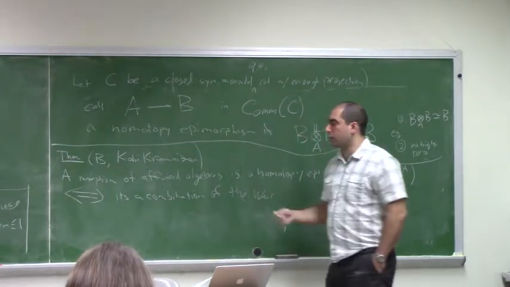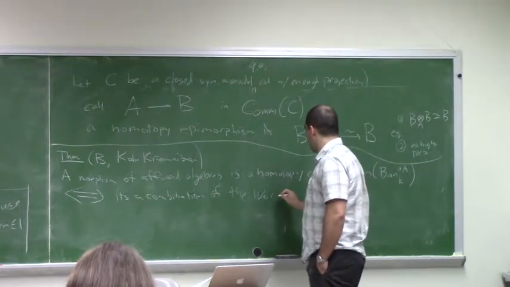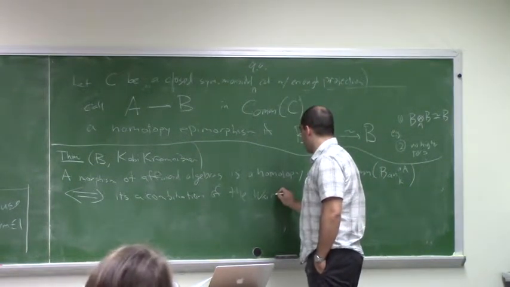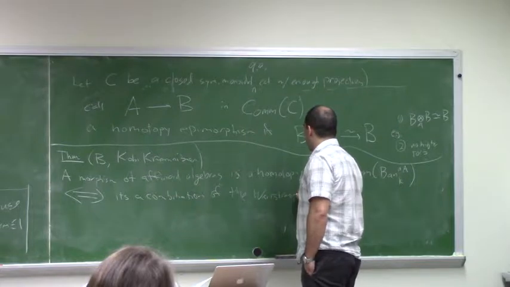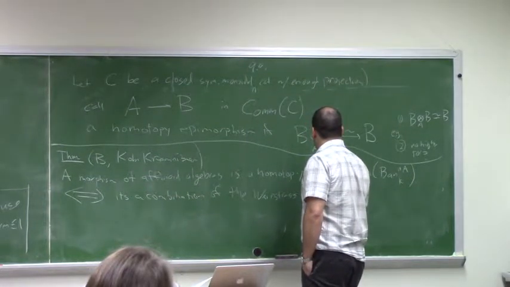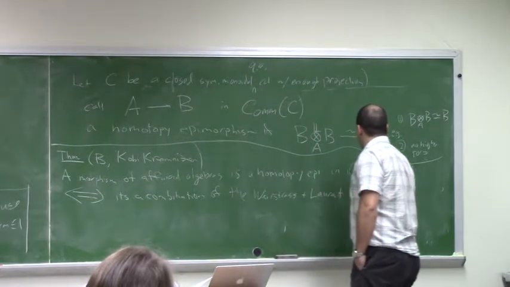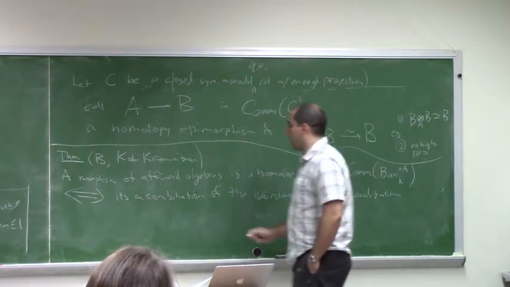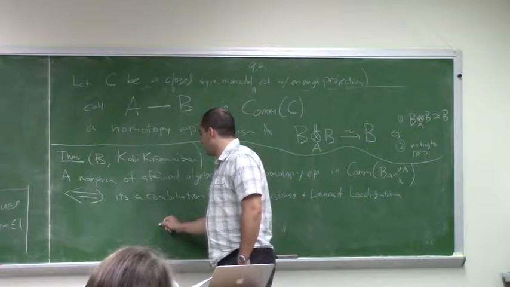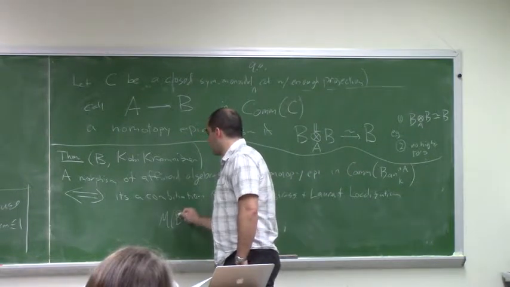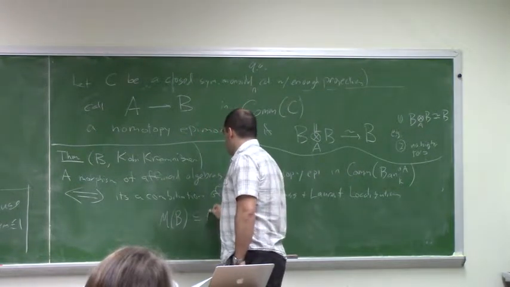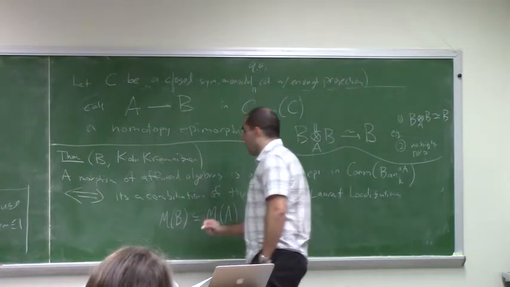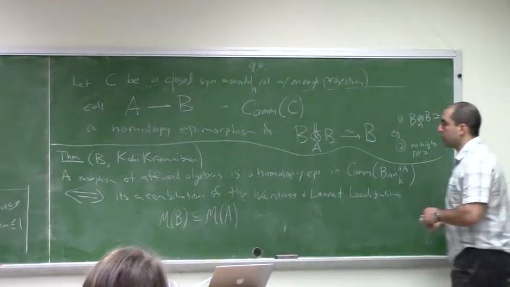I mean, you can iterate them and do whatever you want, any kind of combination. So another way to think of this is that on the level of the spectrum, which I didn't introduce, this is an open set in that Grothendieck topology.